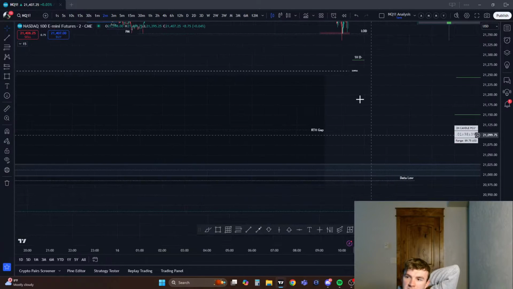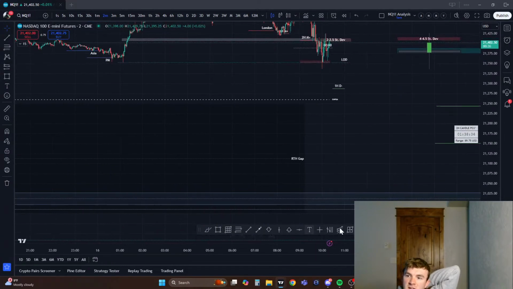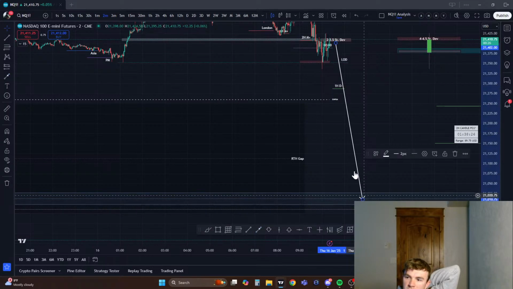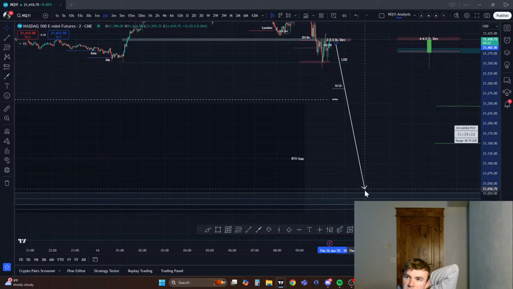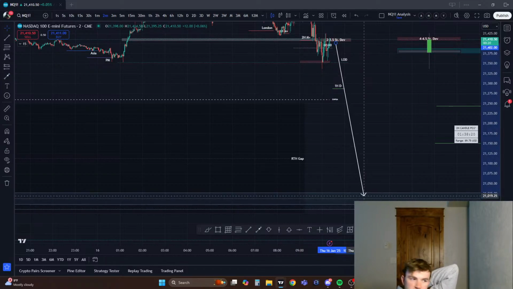And honestly, I expect us to go down to this new week opening gap, because this is at the end of the RTH gap, and there's a data low there too. So I do think the market is drawing down here.